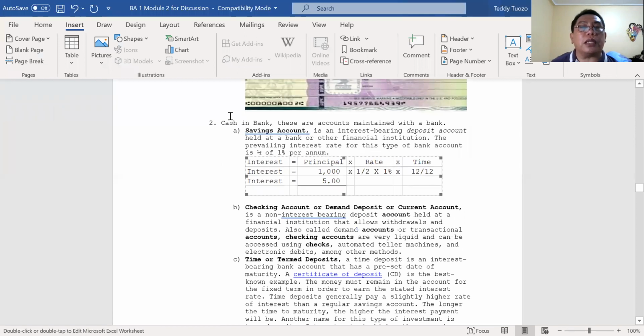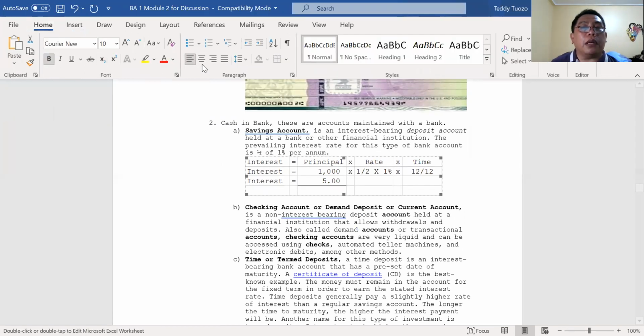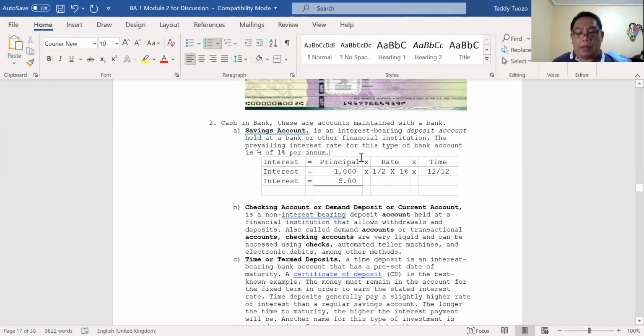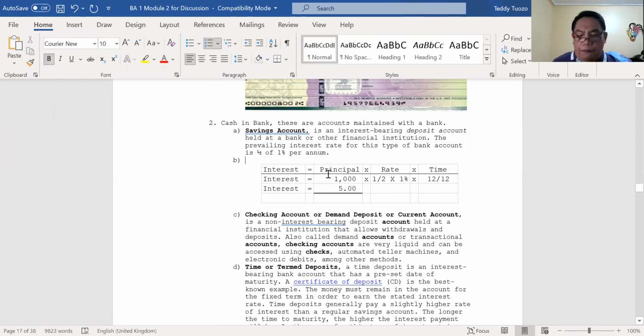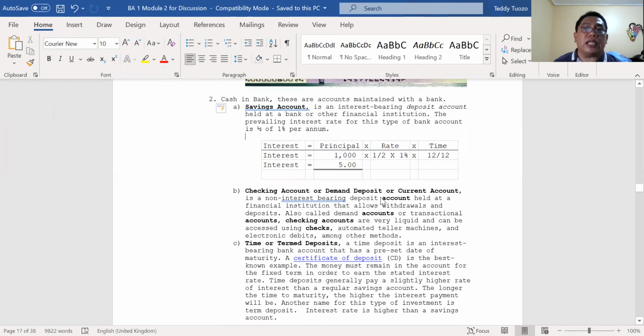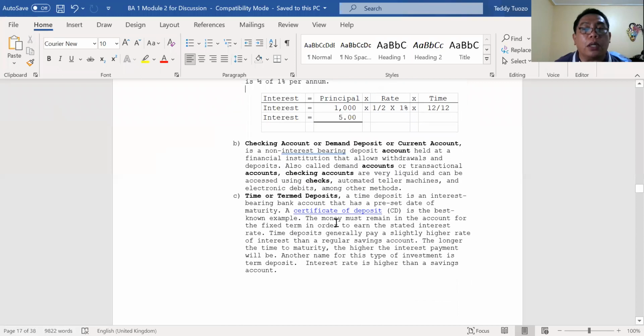Okay, that is how interest may be computed if you deposit in a savings account. It's not really that lucrative, no? The interest is not that big compared to other facilities, or a time deposit, which has a higher interest rate compared to a savings account.